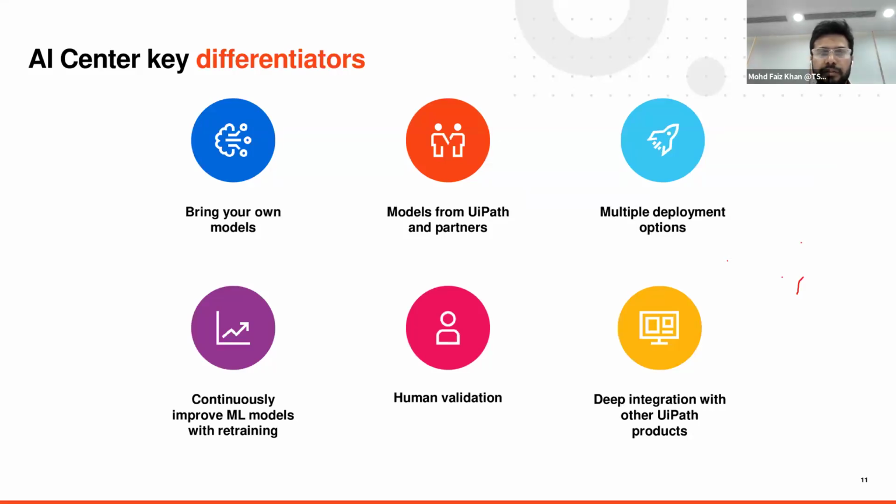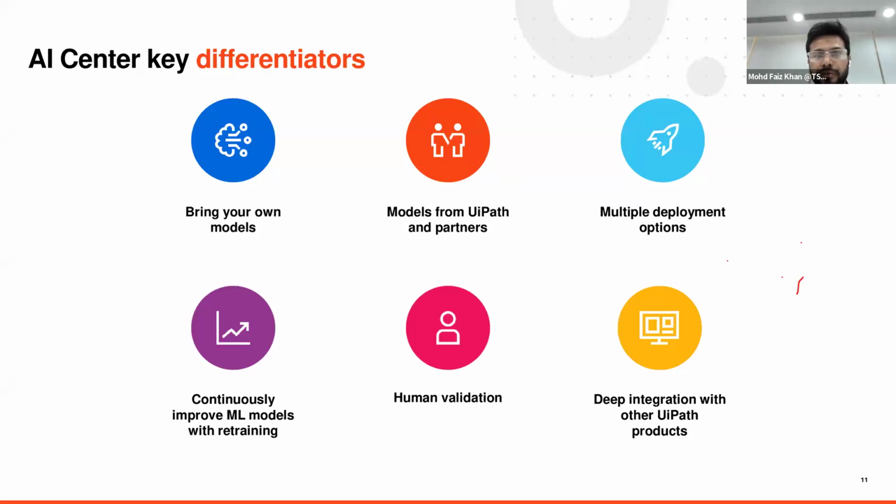So yeah, in AI Center capabilities, you can bring your own model and models from the platform, multiple model deployment options, and continuous improvement of the model. Meaning you already have created the model and the model is not performing as per your requirement and you have trained the model, but the accuracy or the confidence is not appropriate.